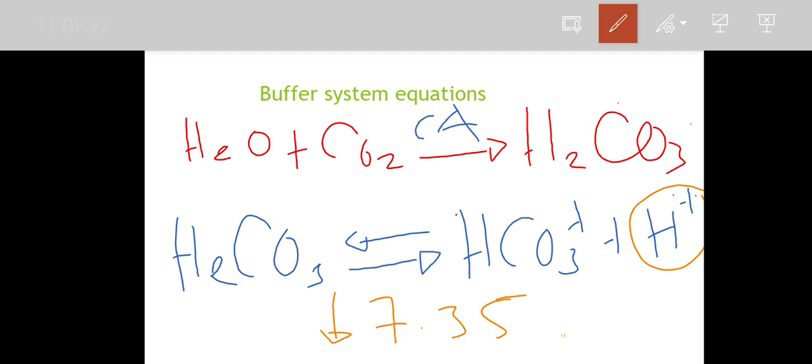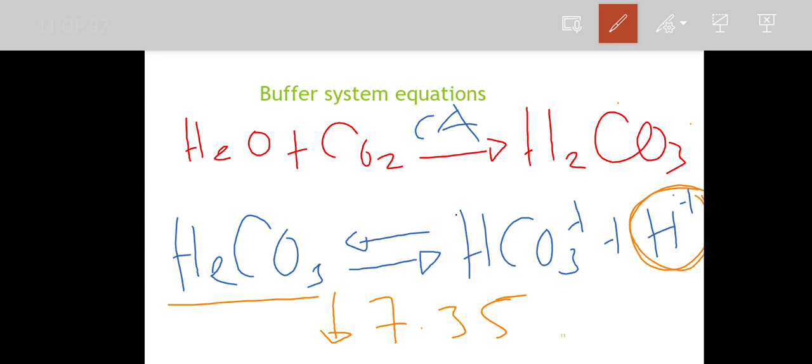If they are having more of the hydrogen ions in the body, then what should we do? Okay? Carbonic acid is toxic, but in this form the hydrogen ion is more dangerous.